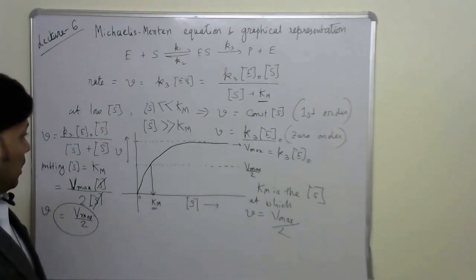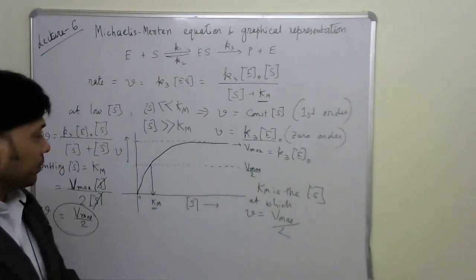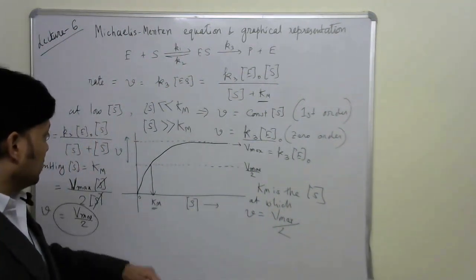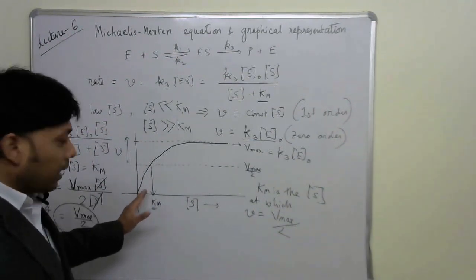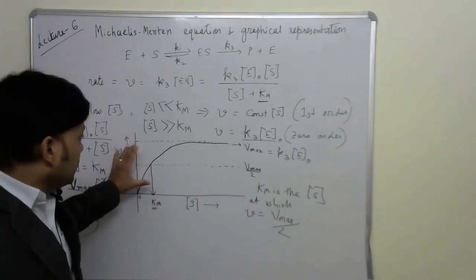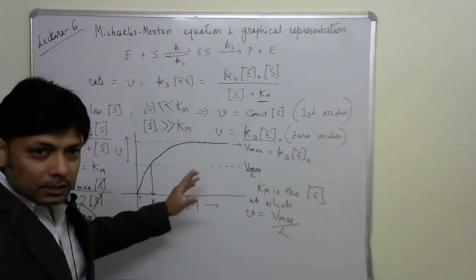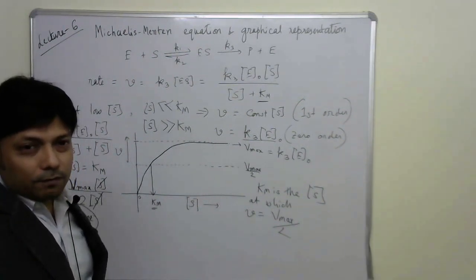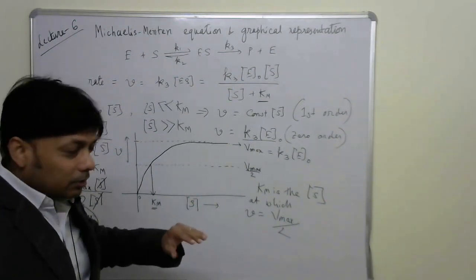So from this graph plot, one thing is very clear, that if I have a lower Km value, that means the velocity would reach the maximum velocity faster. Or I'm sorry, that's not the correct statement.